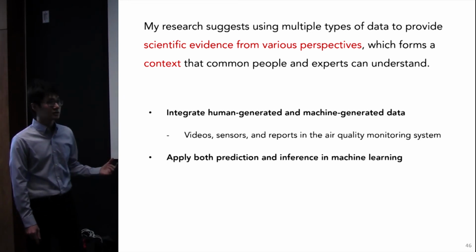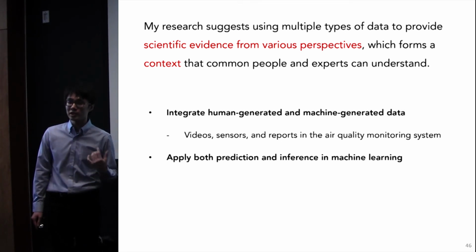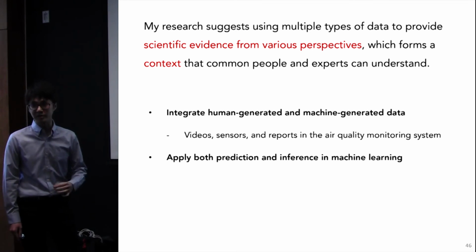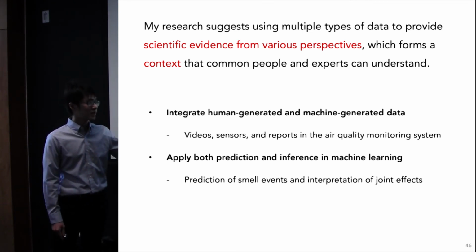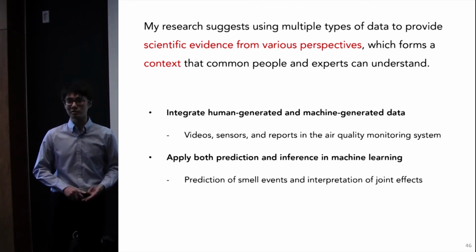The second example is the Smell Pittsburgh project, where I talk about how to not just perform prediction, but also understand the structure of the data and the implications in it. That's something I did before for interpreting the patterns about hydrogen sulfide and wind direction.